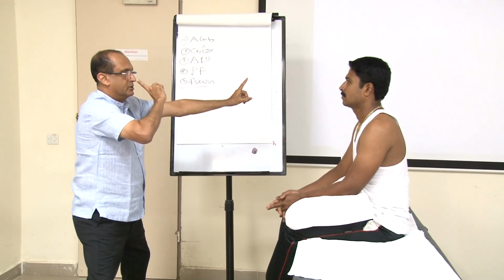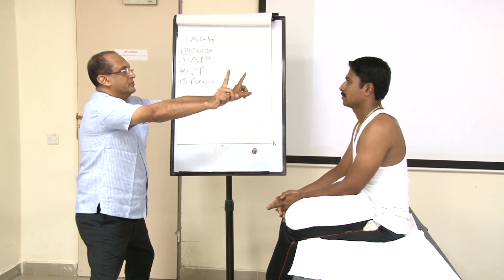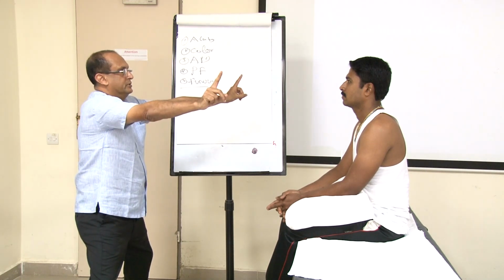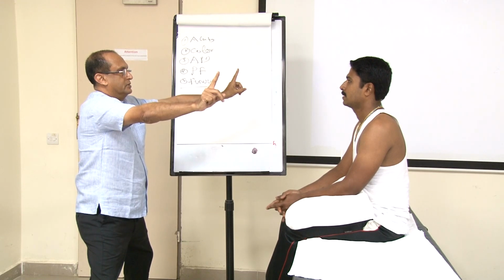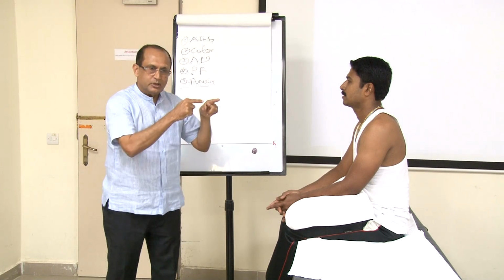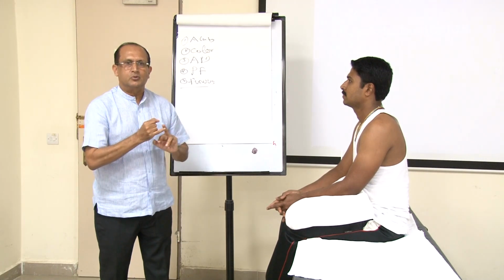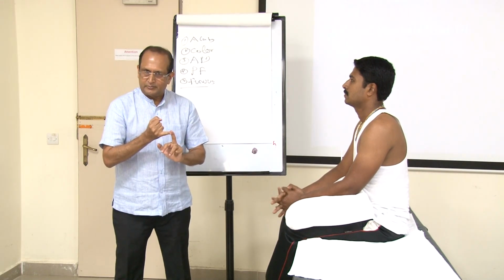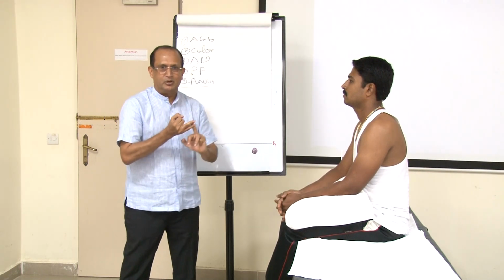Then ask him to look at me, and then move your finger. Which side am I moving? Right. Now, left side. Now, both sides. By doing this, what all things have you ruled out? The patient does not have a bitemporal hemianopia. The patient does not have a homonymous hemianopia.